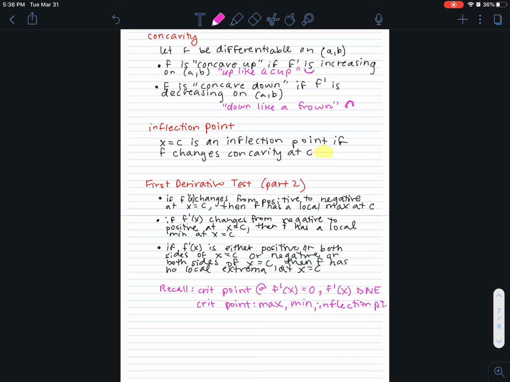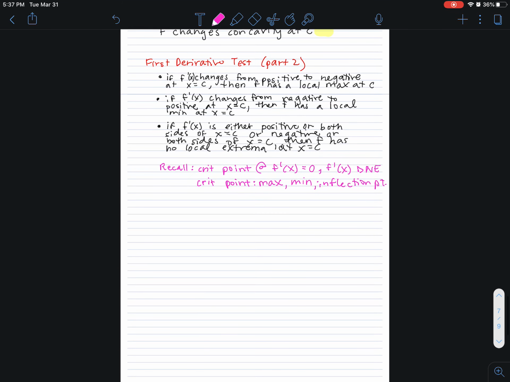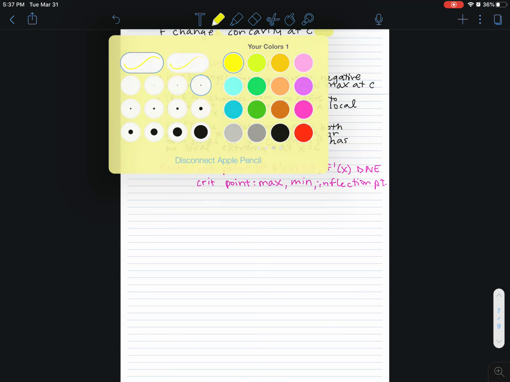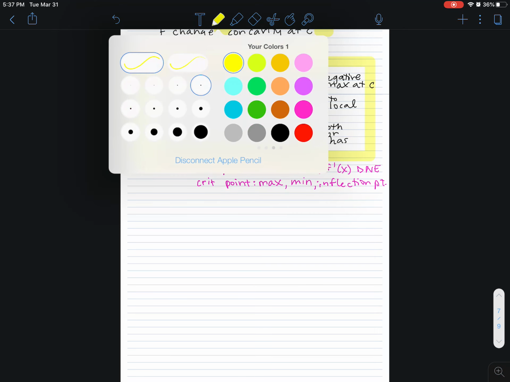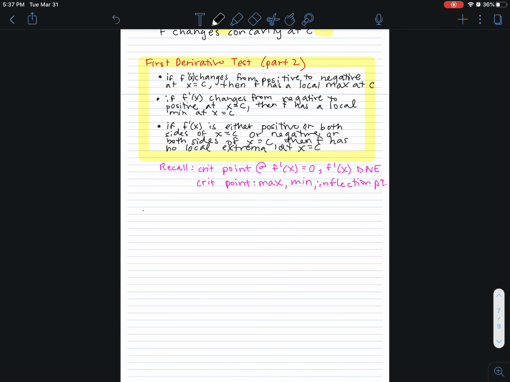So we're going to do one more example and then we're going to call it for today because I don't want to do any more. All right, so using those two terms that we just found and the new first derivative test, let's do the second example.